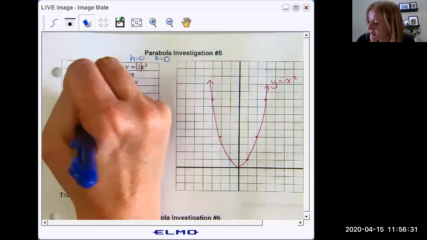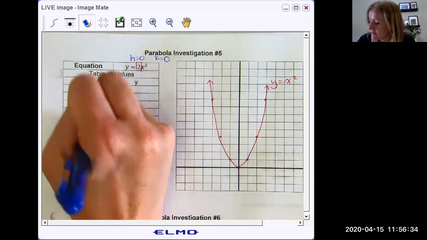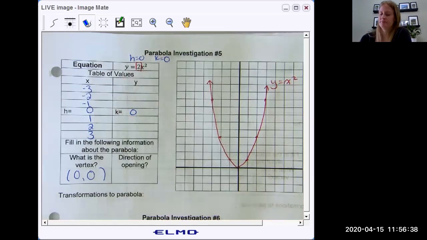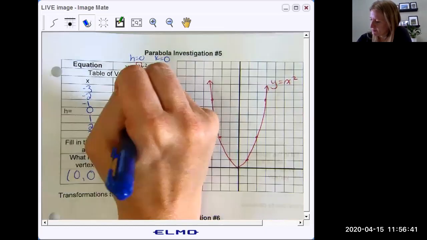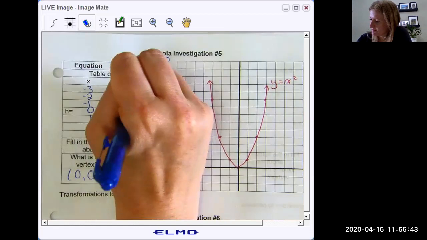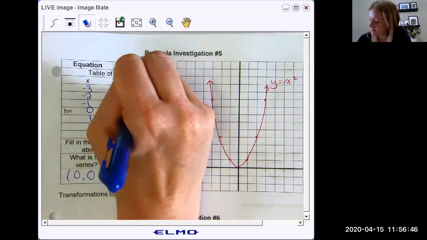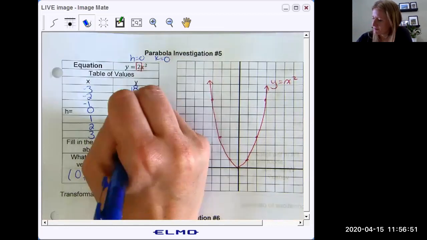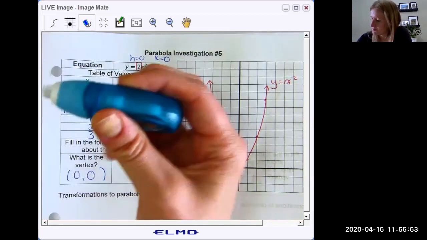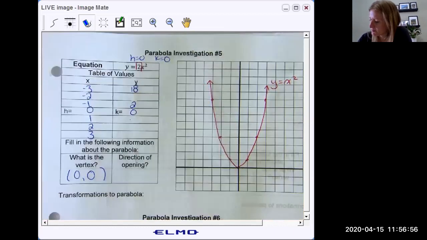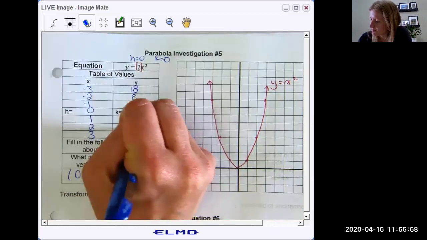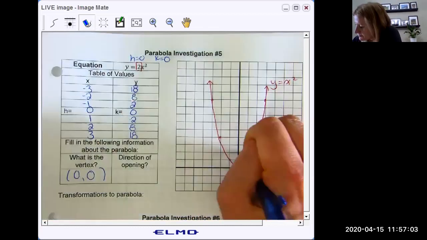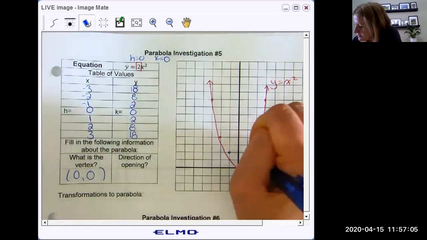Let's fill in the rest of our table of values. Okay, I'm going to plot these.